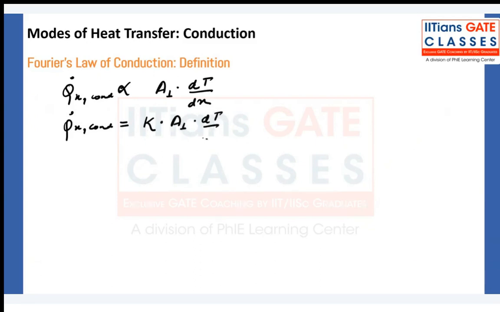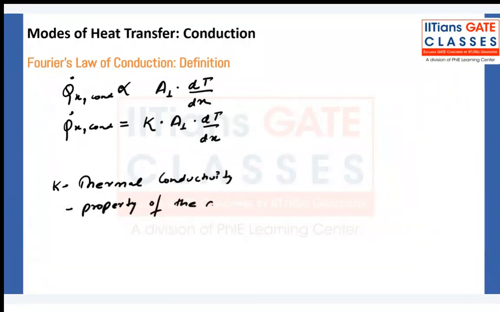Now k here is thermal conductivity, and it is a property of the material. So each material, metal, non-metal, liquid, water, gases, everyone has their own thermal conductivity. What is the unit?